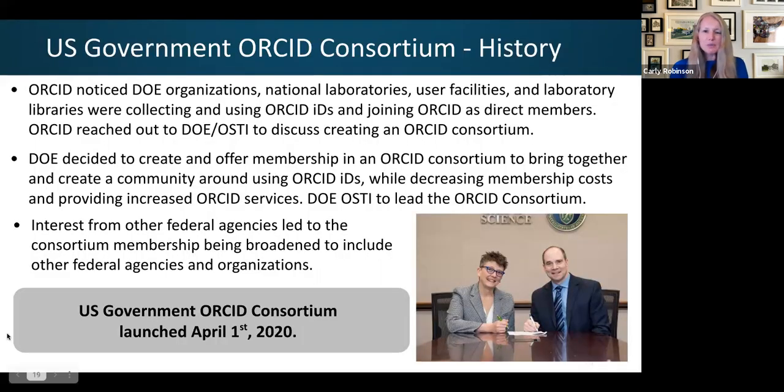So to give a little bit of history about the U.S. government ORCID Consortium, going back about 3 years now, ORCID noticed that DOE organizations, national laboratories, user facilities, and lab libraries were creating and using ORCID IDs and joining ORCID as direct members. And ORCID actually reached out to myself and another colleague to discuss creating an ORCID consortium for DOE affiliated ORCID members.